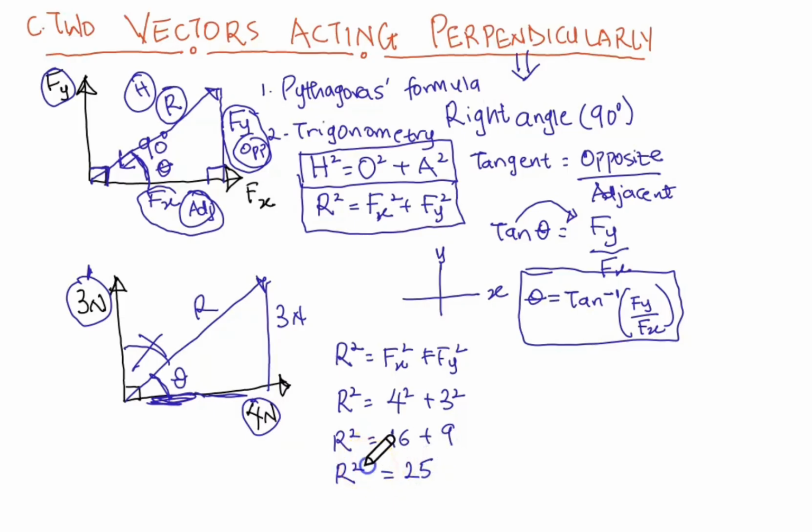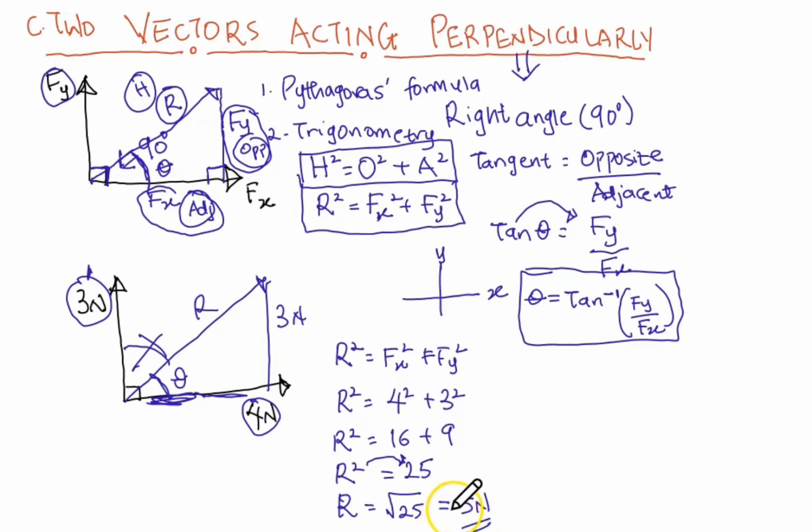We take this square to the other side and it becomes a square root, so R is the square root of 25. Finally, the resultant in magnitude is 5 Newton.